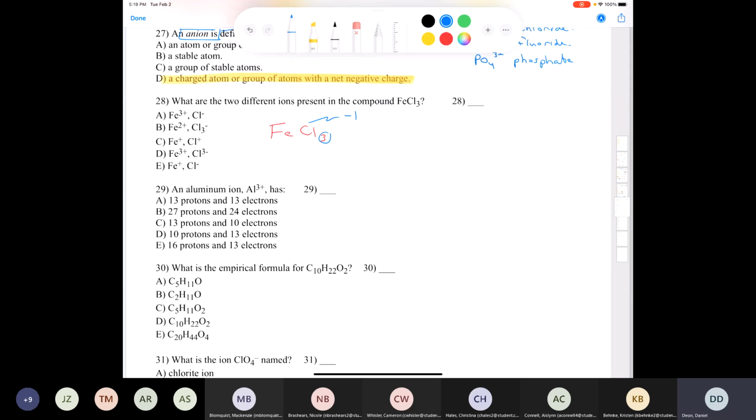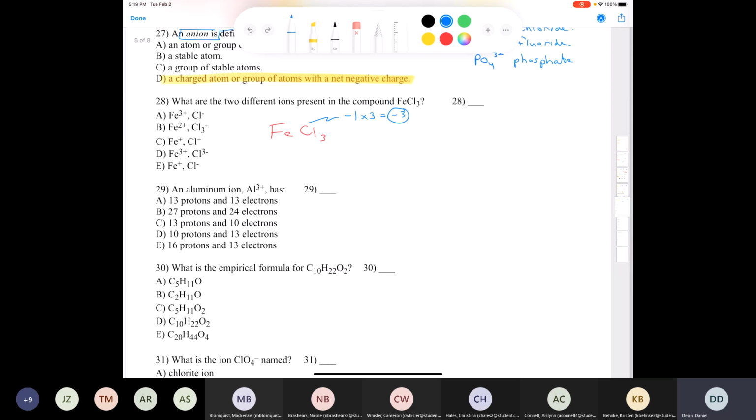Now, if I have 3 chlorines, and these are chlorides actually, so -1 for each one of them, times 3, that gives me an overall charge of -3 for the 3 chlorines. Well, if I have -3 over here, what positive charge would this have to be to give me a neutral compound? FeCl3 has no charge. I don't see a plus or a minus there.